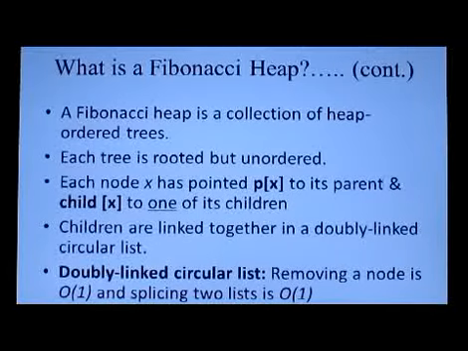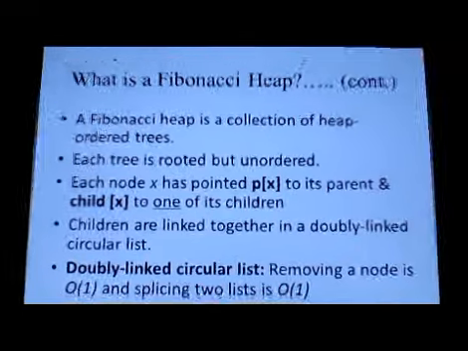A Fibonacci heap is a collection of heap-ordered trees. Each tree is rooted but unordered. Each node has pointers to its parent and to one of its children. Children are linked together in a doubly linked circular list. Removing a node is O(1), and splicing two lists is O(1) also in a doubly linked circular list.